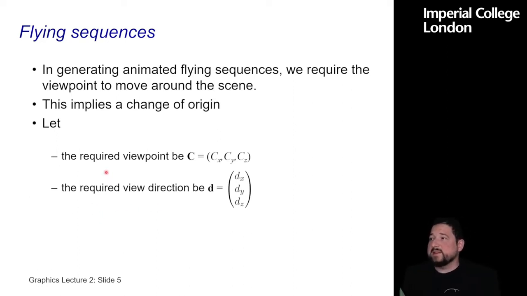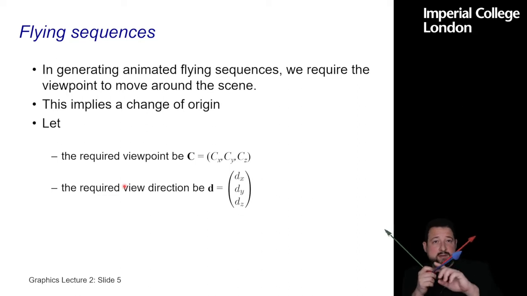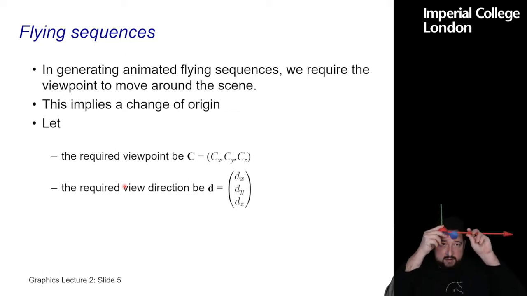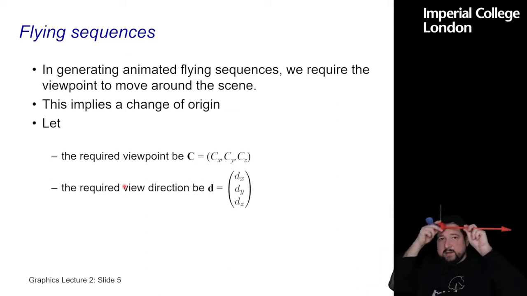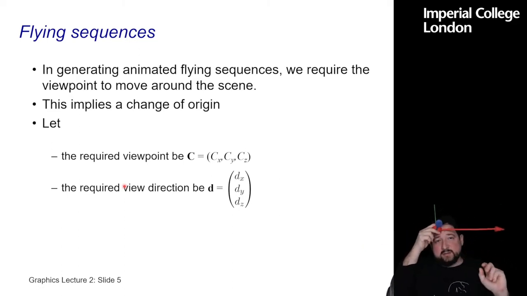So we basically need to move in every frame in such scenes the viewpoint, our origin, to a specific viewpoint C, and we want to orient our viewing direction, our z-axis here, along a given direction, starting at that viewpoint, so that we can fly around through a scene and look anywhere along a given direction.